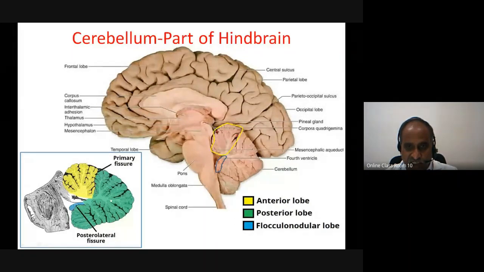I have just marked it as anterior. This greenish part, a large amount of this, is the posterior cerebellum. You have multiple folia in each of them. There is a posterolateral fissure here, and it separates the flocculonodular lobe.